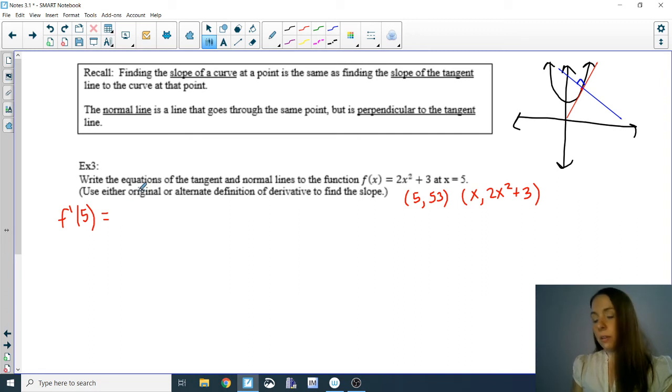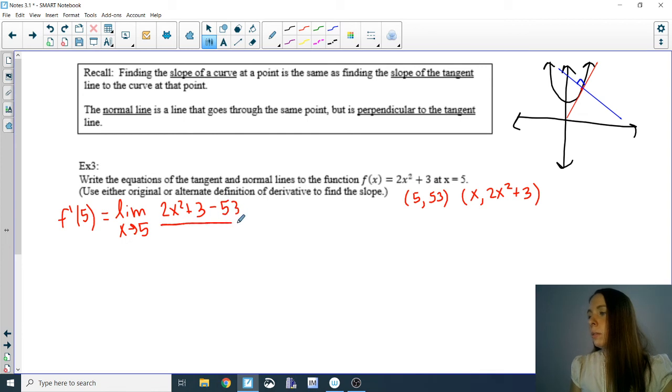So we have here the limit as x approaches 5 of y2 minus y1 over x2 minus x1. And this is another one where we're going to use factoring as our manipulation technique. However, please note first that you can simplify this. Sometimes I see students trying to factor with factors of negative 53, and I'm like, what are you doing?